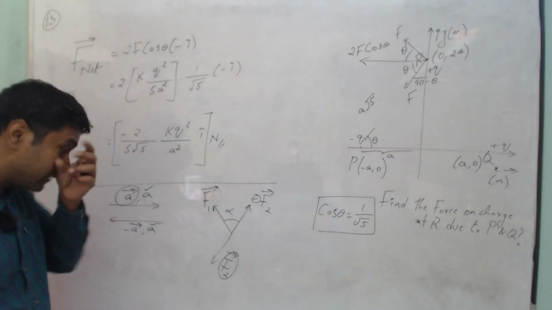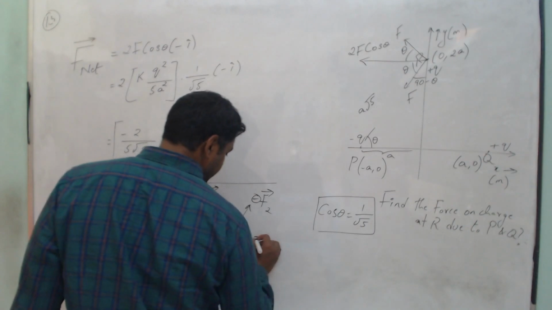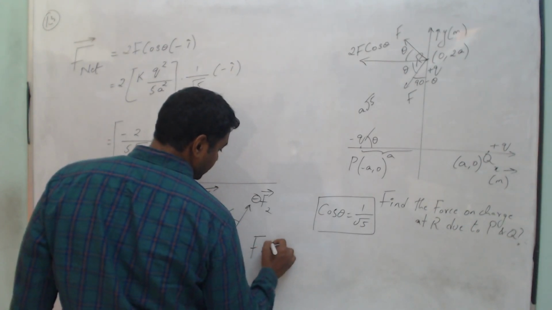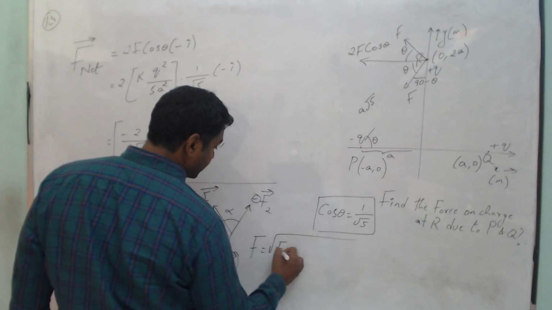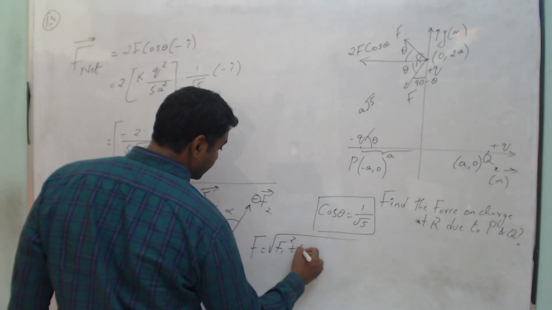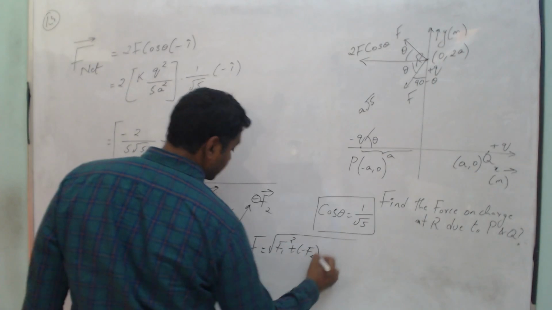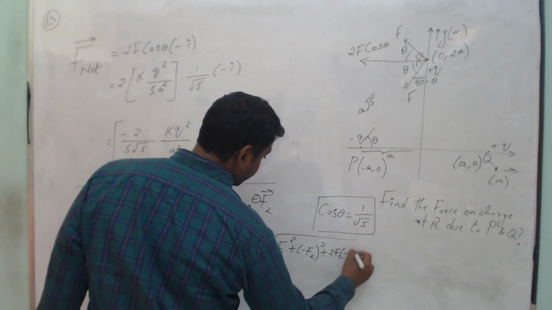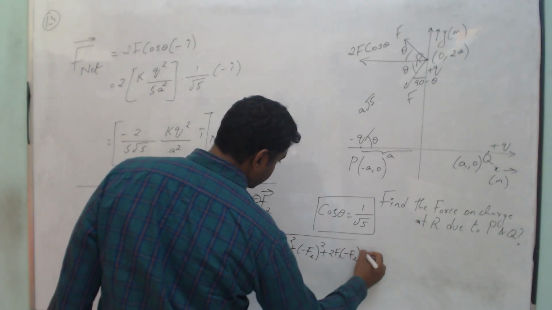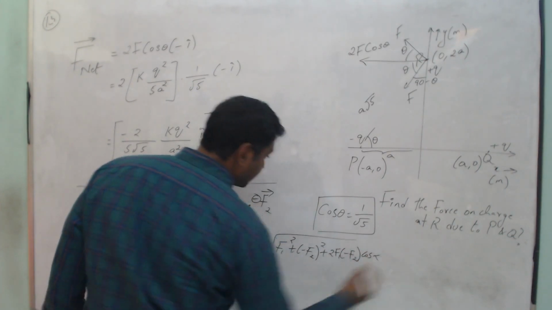Then the resultant force is equal to under root of f1 square plus f2 square plus 2 f1 f2, but f2 is minus, into cos of alpha.